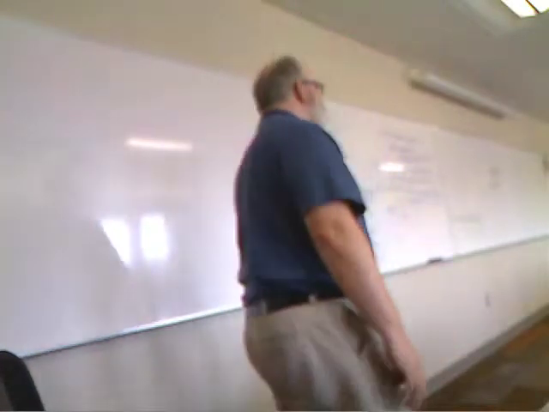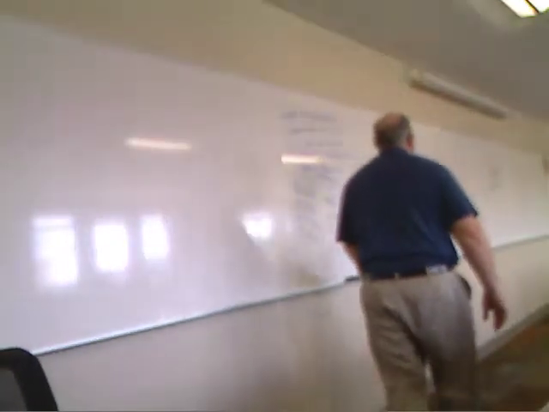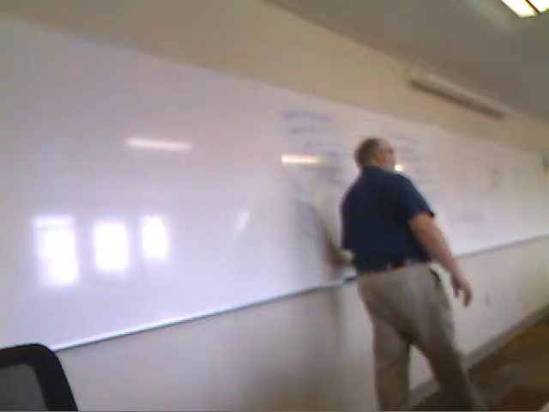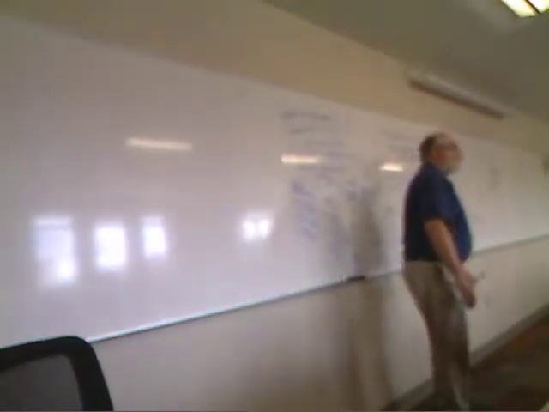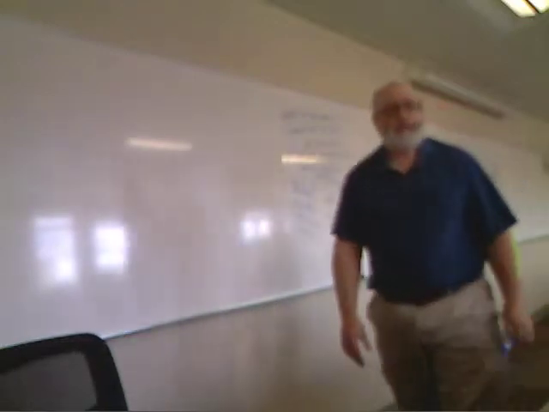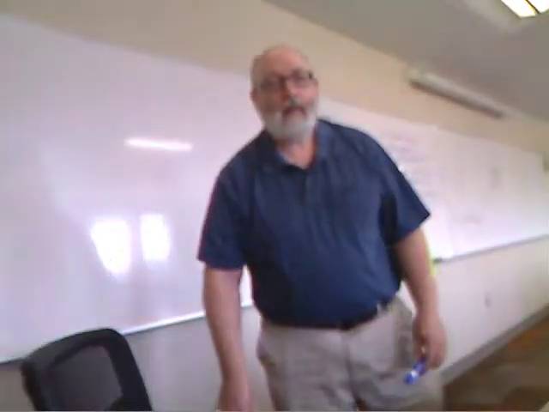The question is, how much of a difference is there? Is there enough of a difference that I can actually prove that they are different? So in order to do this, we're going to use hypothesis testing. I know what I thought it was going to be.